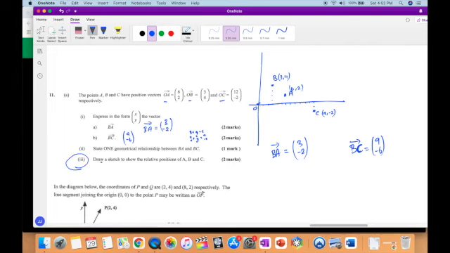Part 3: draw a sketch to show the relative positions of A, B, and C. Well, look at that, done, get my 2 marks there. But tell me, what is one geometrical relationship between A, B, and C?